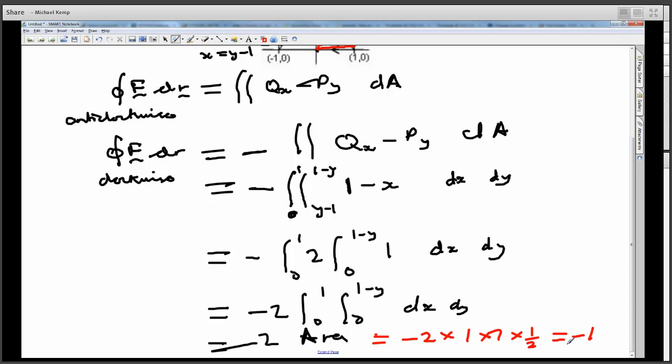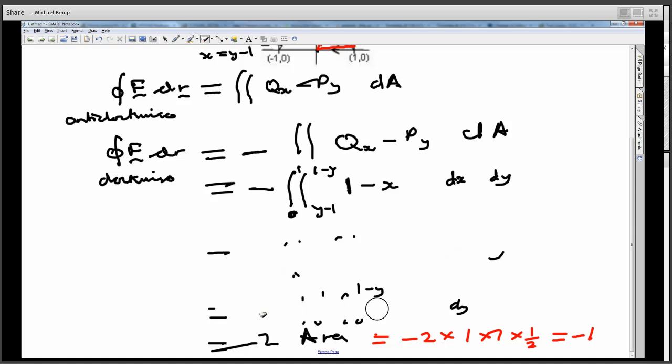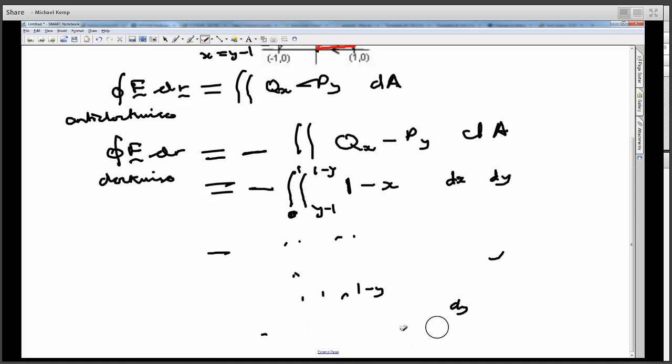So that's the alternative way. Let me also do it properly, ignoring all the tricks of symmetry and area. You can just treat it like a normal simple double integral, and that is integrate the inside one first.